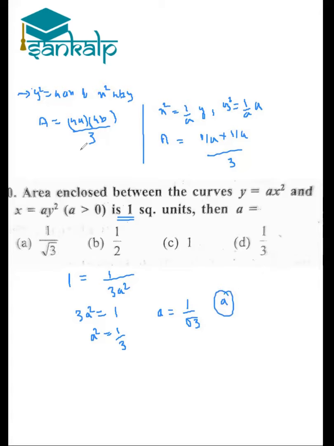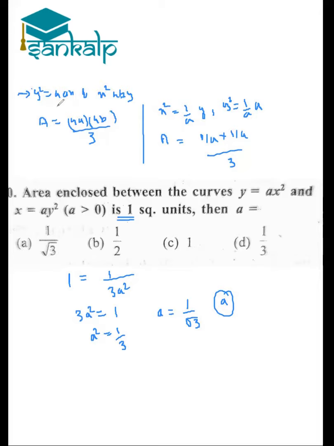So whenever two parabolas are given, if their a terms are the same, then you can use 4a into 4a. But when the a terms are different, we use the result 4a into 4b upon 3.